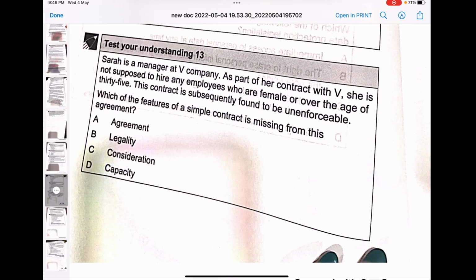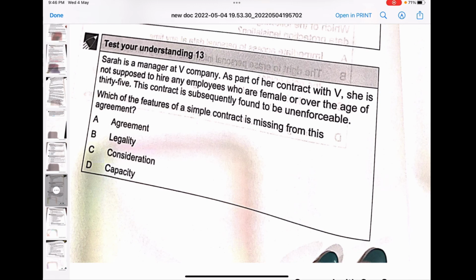Sarah is a manager at V company. As part of her contract with V, she is not supposed to hire any employees who are female or over the age of 35. This contract is subsequently found to be unenforceable. Which of the features of the simple contract is missing? What is missing is B, which is legality.